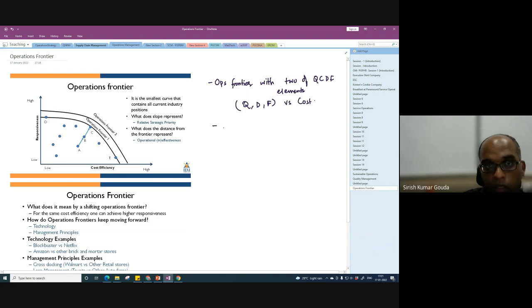The second thing that you need to remember is that the operations frontier is drawn for an industry and not for a particular firm.